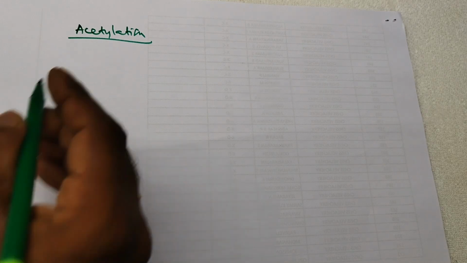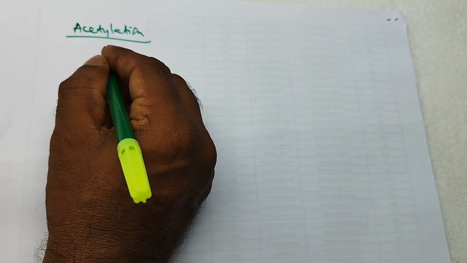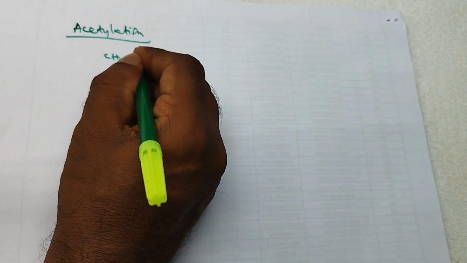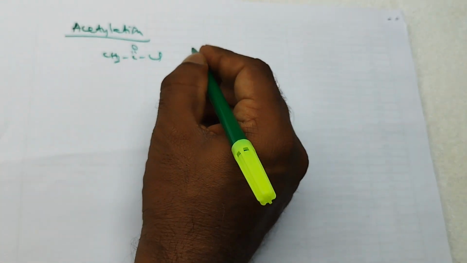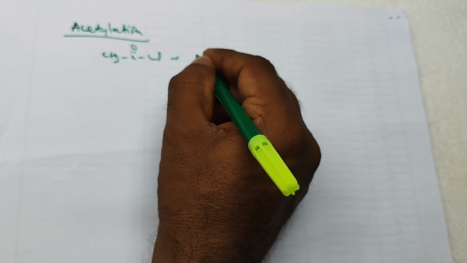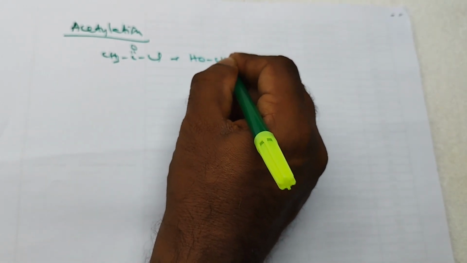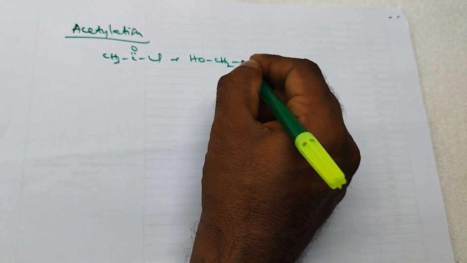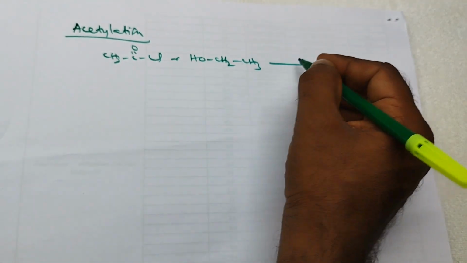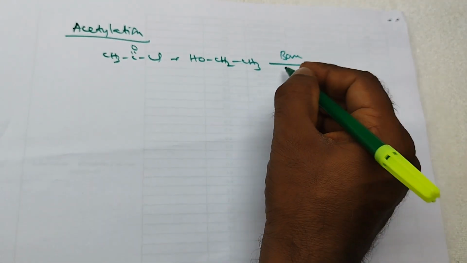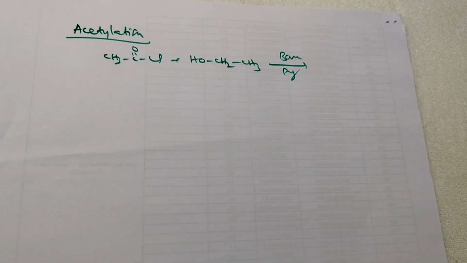Now let us take a reaction in the presence of a base. You can take acetyl chloride, CH3COCl. When it reacts with an alcohol, I am writing in a reverse manner, OH CH2CH3, in the presence of a base. Normally you can use pyridine as a strong base.